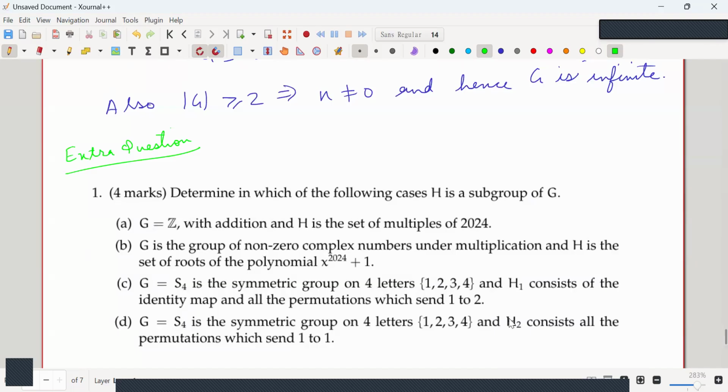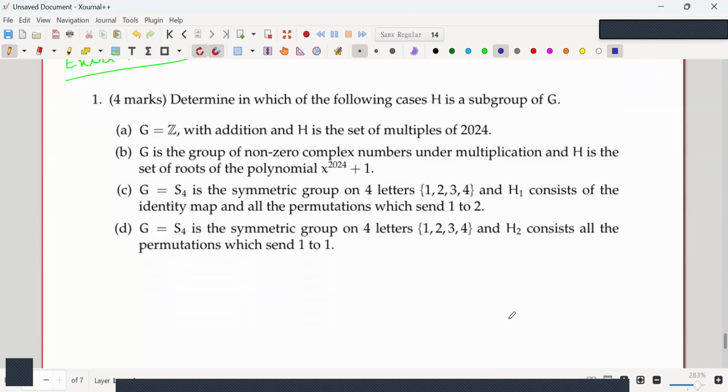What is your guess? For the first part, G is Z with addition and H is the set of multiples of 2024. This is the same as before, true, right? We have already done this. Yes, sir, this is true.